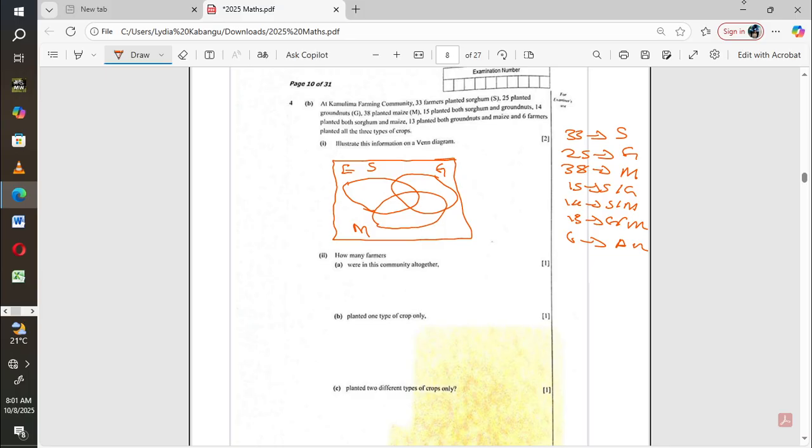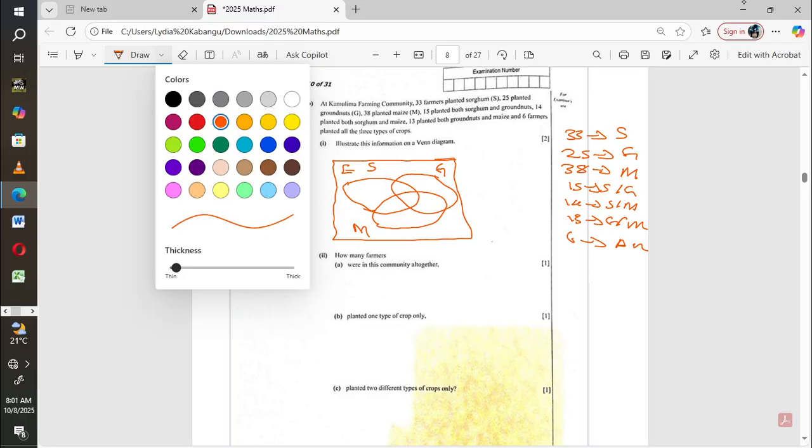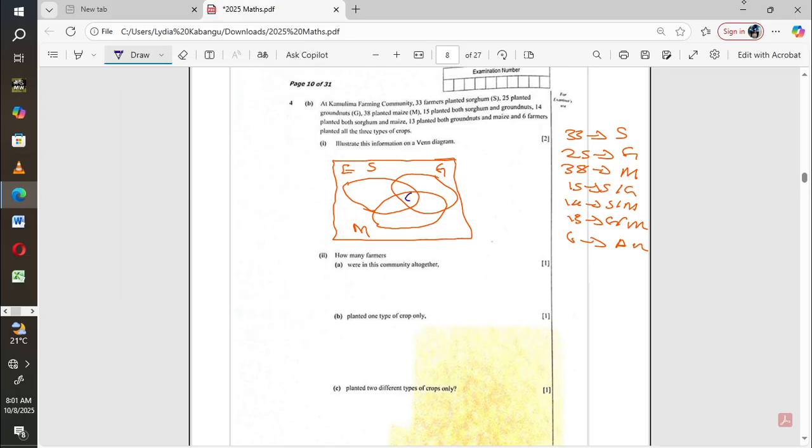For the whole 3 we had 6. That was the intersection there, 6.